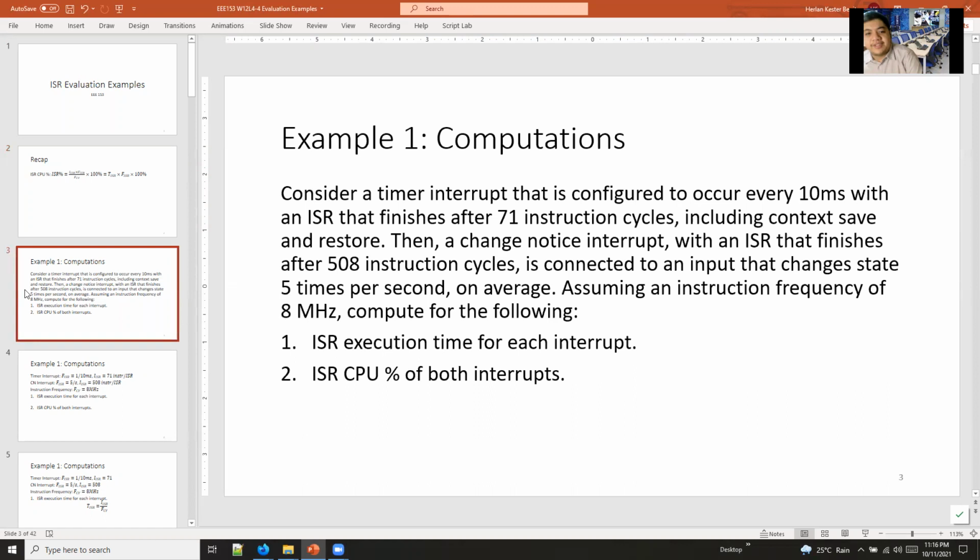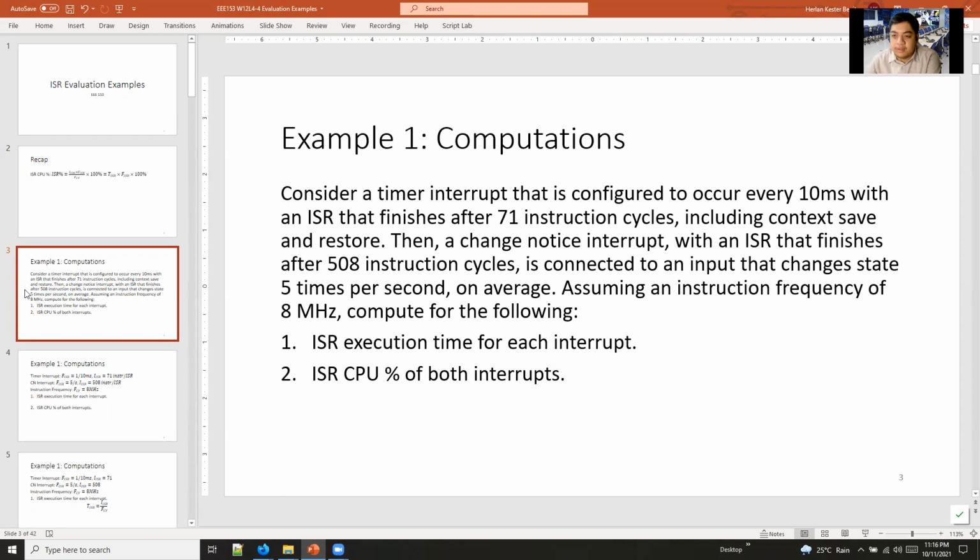Our first example is just on some sample computations. So consider a timer interrupt that is configured to occur every 10 milliseconds with an ISR that finishes after 71 instruction cycles, which includes the context save and restore. In addition, there is a change notice interrupt with an ISR that finishes after 508 instruction cycles.